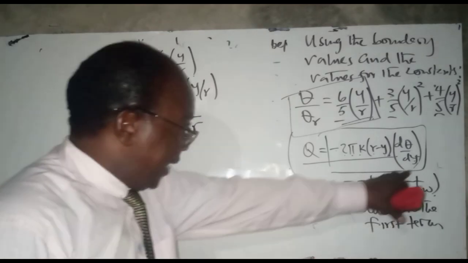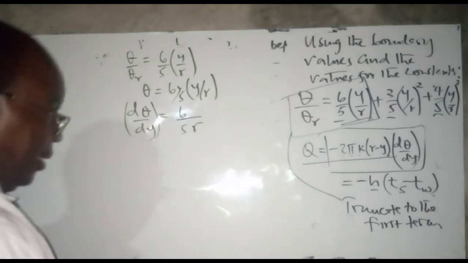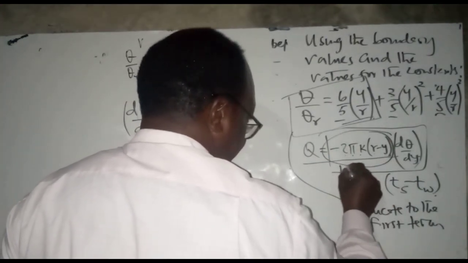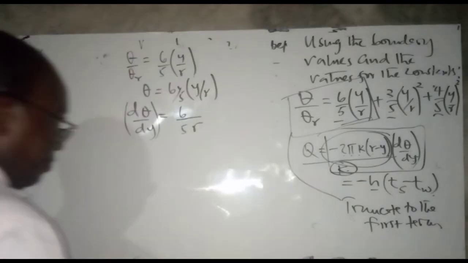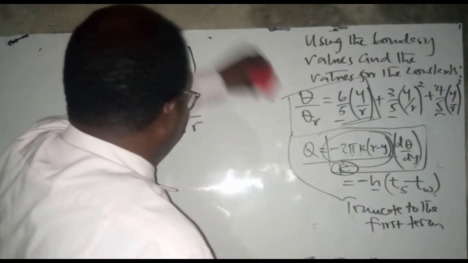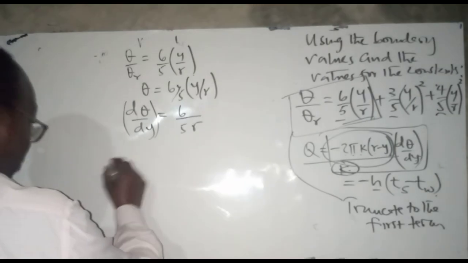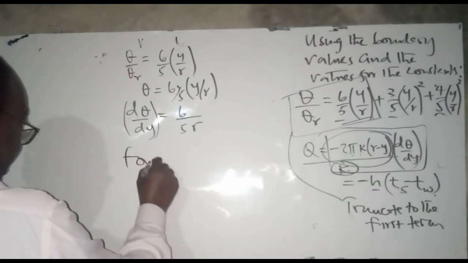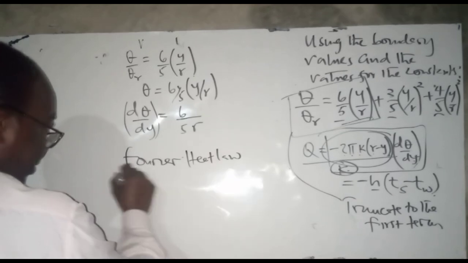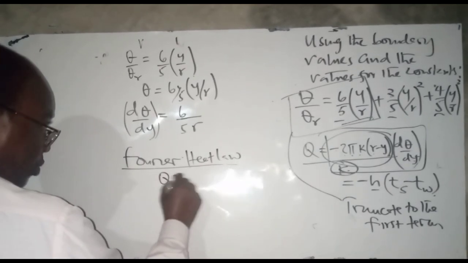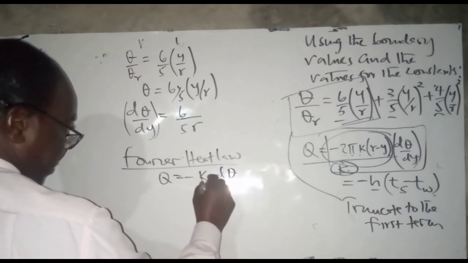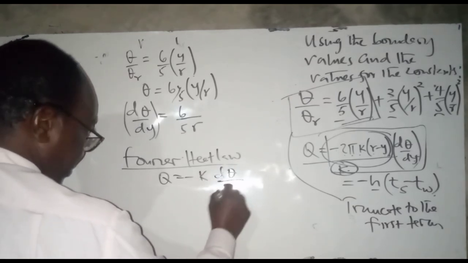So we can plug that in here. Let us just leave this as our constant K, the general Fourier heat law, Q is equal to minus K d theta by dy.